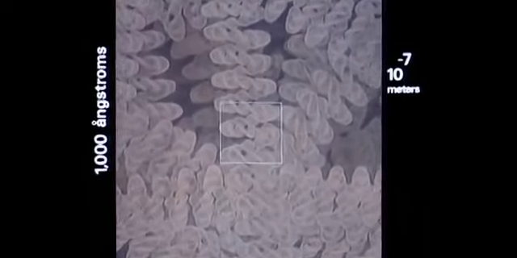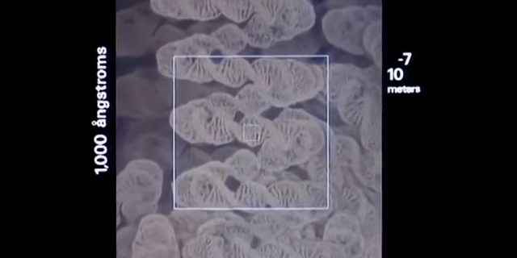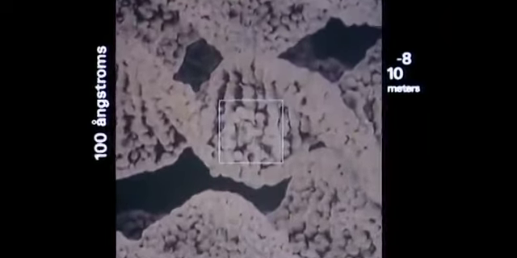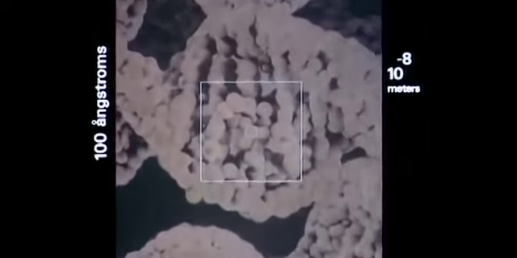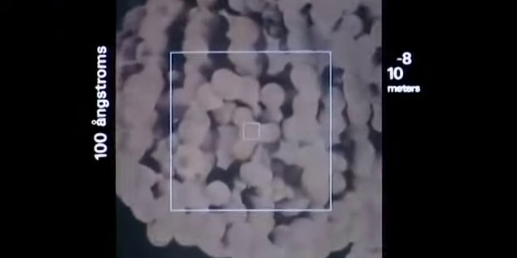DNA holds the chemical codes for the reproduction of most organisms on the planet, whether they're paramecia, people, or petunias. Voyaging on, we see that molecules are made of even smaller parts called atoms.